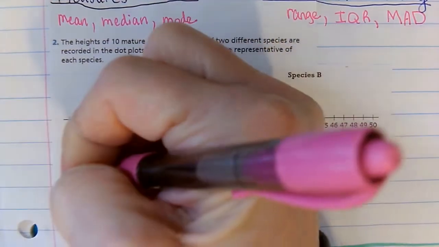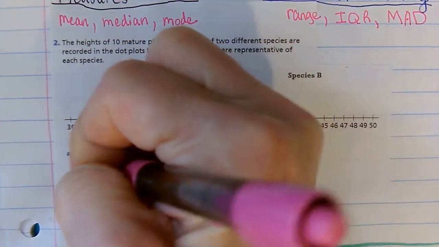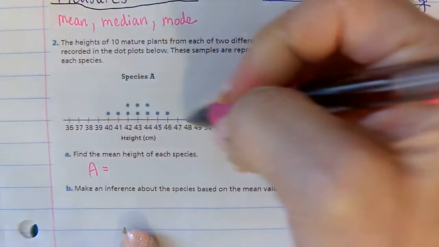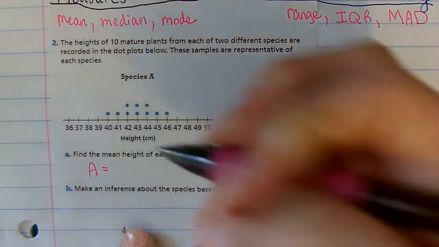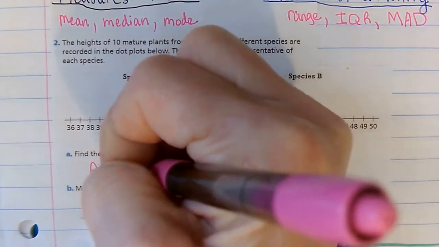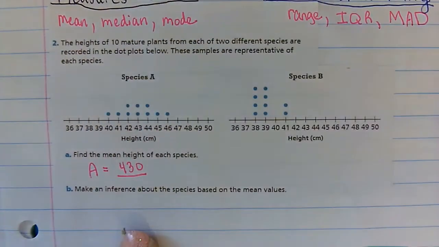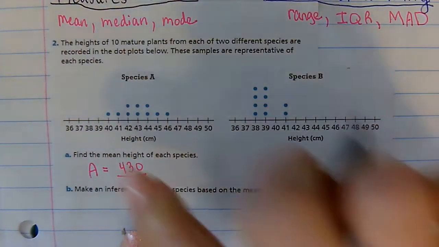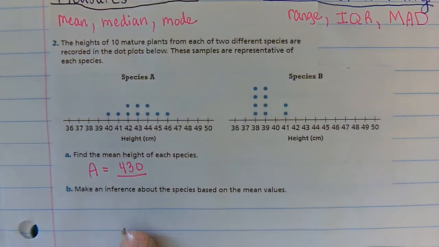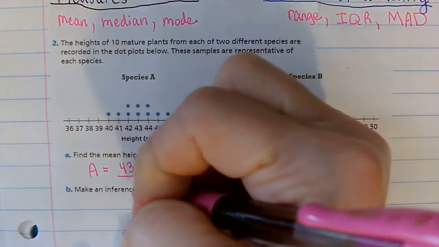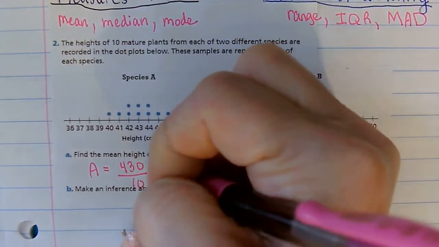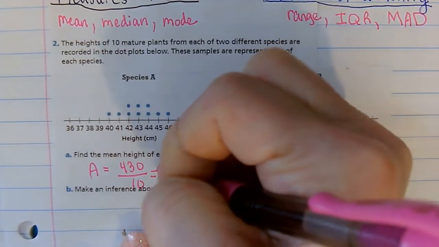Well, for A, if you add everything up, it adds up to 430. And if you divide it by how many dots there are, it would be divided by 10. And that mean would be 43.